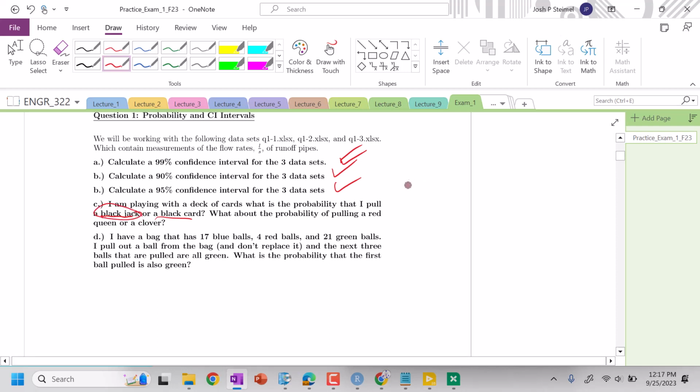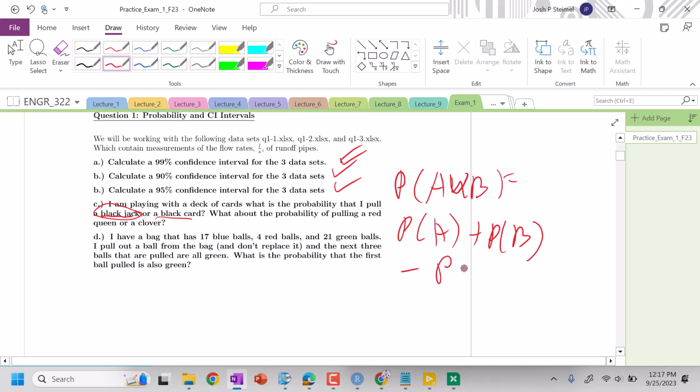So the probability of A union B is going to be equal to the probability of A plus the probability of B minus the probability of A and B happening. Let's set A to be the jack.